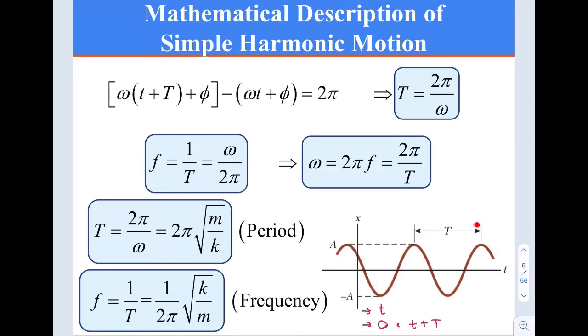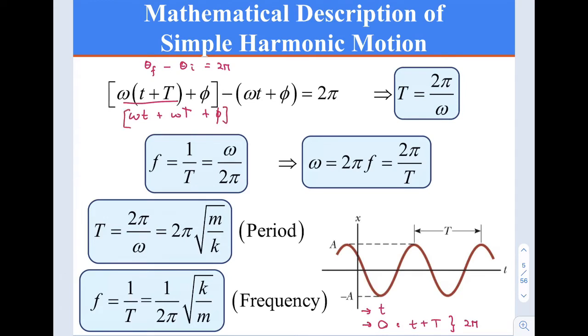For one complete cycle, within capital T period, the angular displacement is already 2 pi. Therefore, what does this mean? It must be theta final minus theta initial equivalent to 2 pi. What is your theta final? Your theta final is omega(t plus capital T) plus phi.